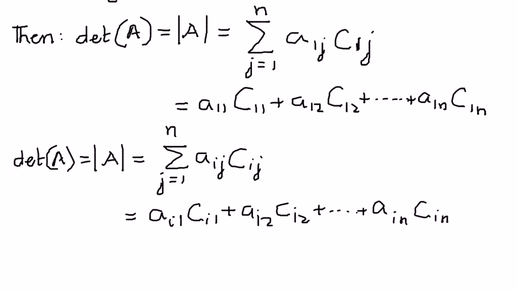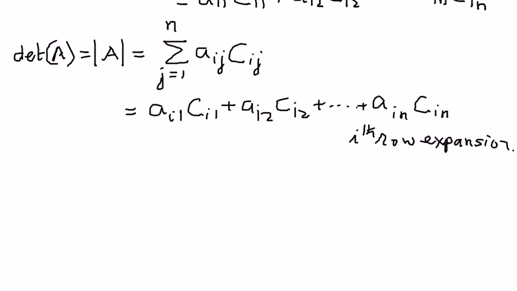This is based on the ith row expansion. We can do a similar thing with the jth column expansion.